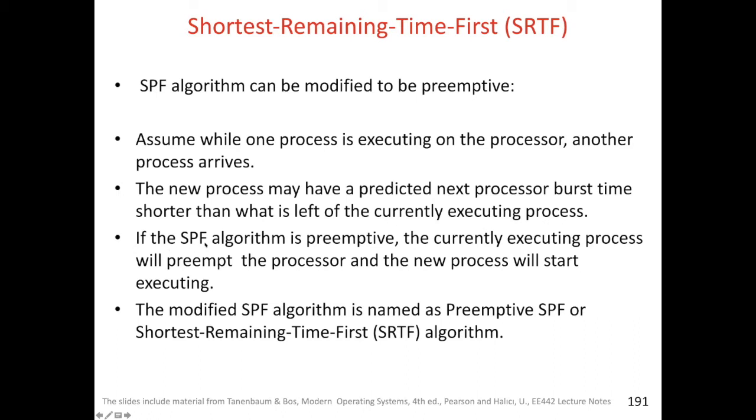If the shortest process first algorithm is preemptive, the currently executing process will give up the processor and the new process will start executing. The modified algorithm is named preemptive shortest process first or shortest remaining time first, shortly SRTF algorithm.